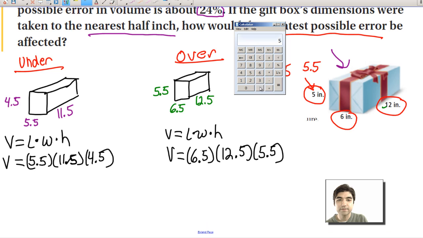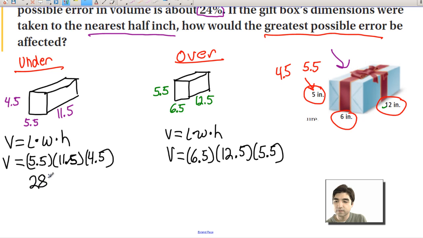So we have 5.5 times 11.5 times 4.5 equals 284.625. Okay, so this is the new volume if we underestimated the dimensions of the box.